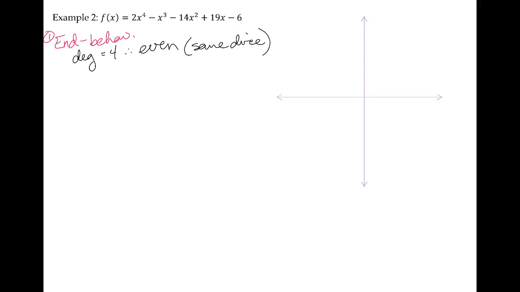And then I see that my coefficient with that highest degree variable term is positive. So that specifically means that it's opening upward. Again, spelling does not seem to be my forte today.